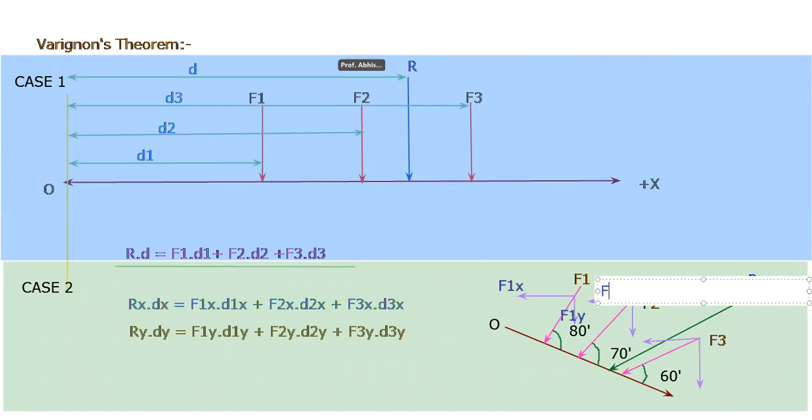So therefore we will write the F2x here for the x component, which is again in negative x direction. Then F2y, again this is in negative y direction. Then F3x in negative x direction again, and F3y in negative y direction. So we have written all the components now.